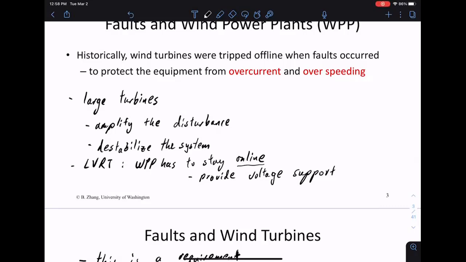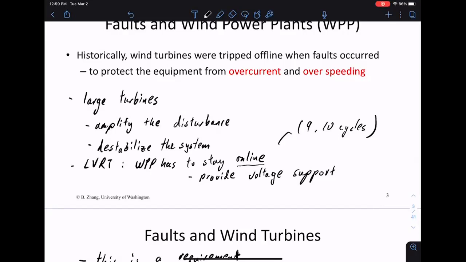So this requirement turns out to be 9 or 10 AC cycles. An AC cycle is 1/60 of a second, so this is on the order of 100 milliseconds or so. This is the length of time that right now you're required to stay connected to the grid.